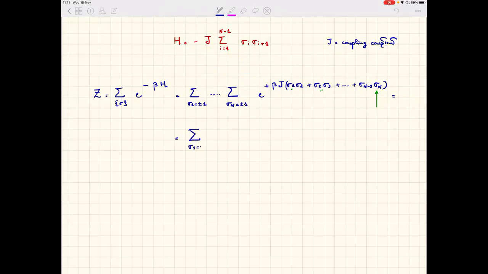So I can write this as the sum over sigma 1 through sigma n minus 1 of e to the beta J, sigma 1 sigma 2 plus sigma 2 sigma 3 plus up to sigma n minus 2 sigma n minus 1, times the sum over sigma n equal to plus or minus 1 of e to the beta J sigma n minus 1 sigma n.